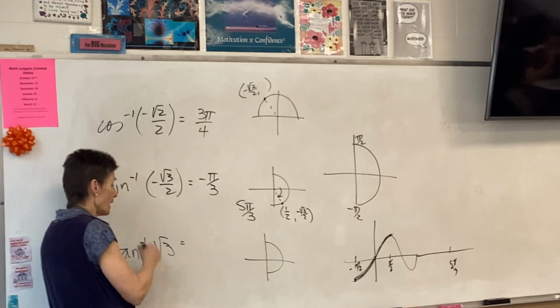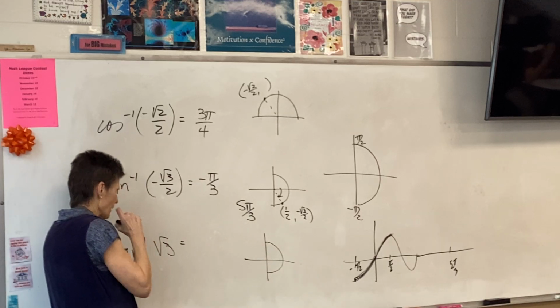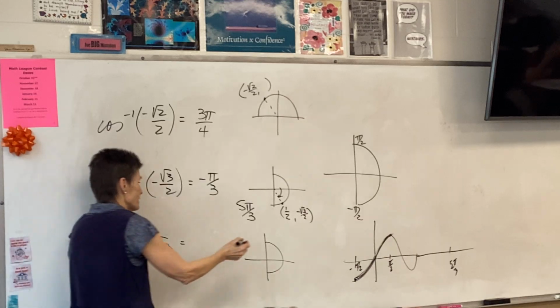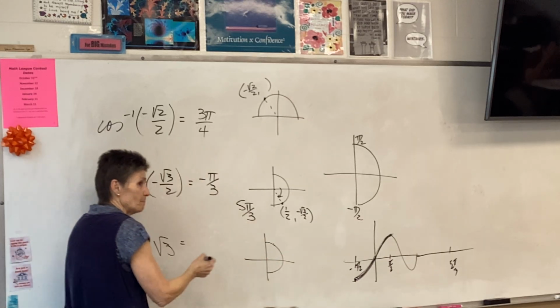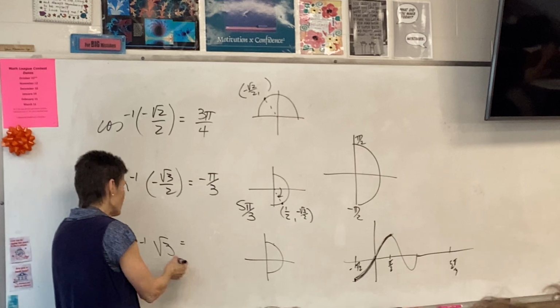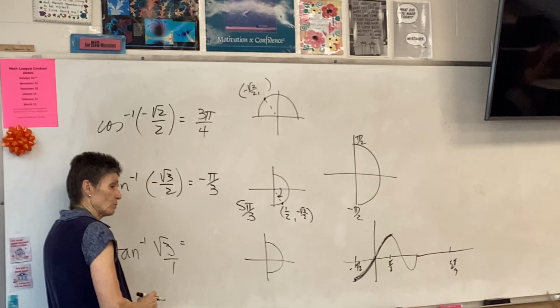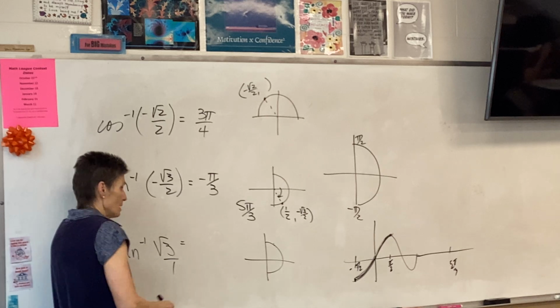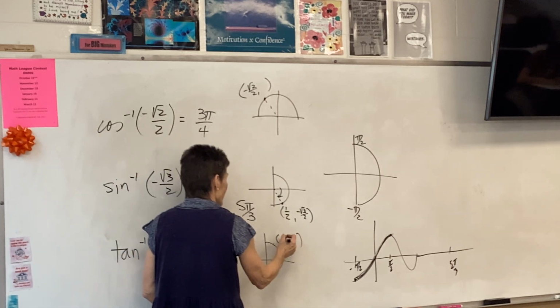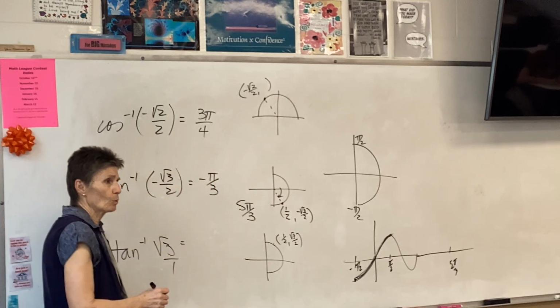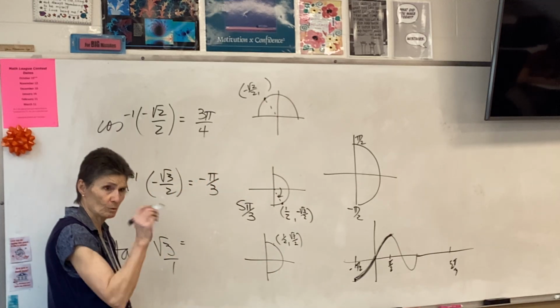Okay, and then this one. Now this one you have to think a little bit more about. You want the tangent to be positive. Clearly you're up here somewhere, right? And you need y over x to be root 3 over 1. So isn't your ordered pair 1/2, root 3 over 2, in order to get the tangent to be root 3 over 1?